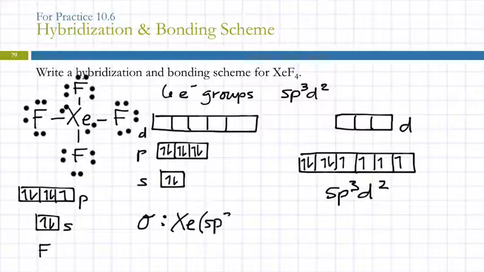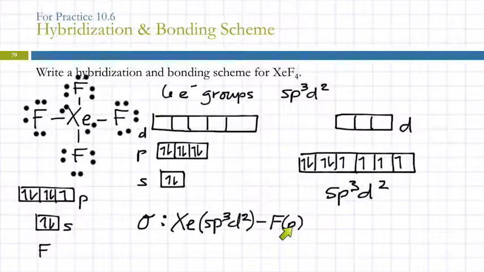It's using a hybrid orbital. One of those is overlapping with fluorine, and what's fluorine using? So it's a sigma, and on xenon it's an sp3d2 hybridized orbital that's overlapping with fluorine's p orbital.